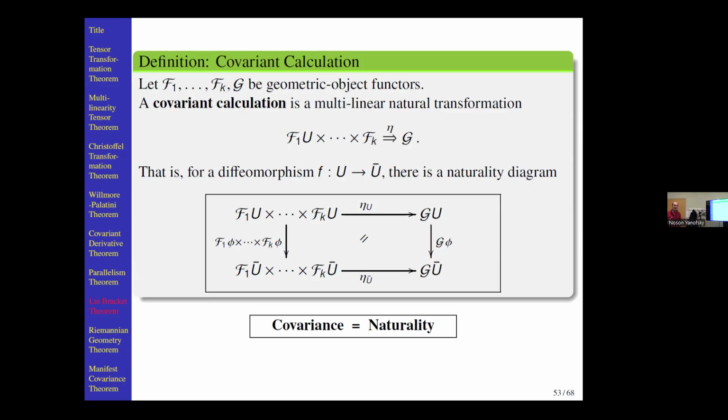So bottom line, tensors are functors and forms of calculation are natural transformations, which I'm hoping lifts these coordinate textbooks to the level of category theory. I'm hoping that's a worthwhile thing to do.